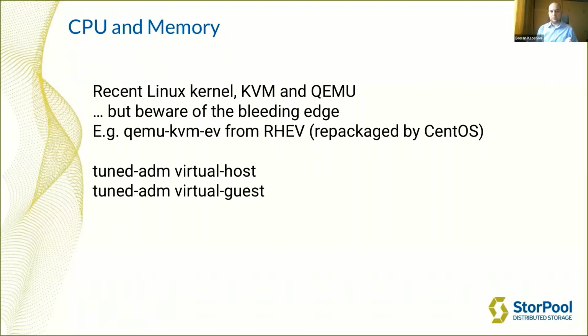You need to run a version of the kernel and QEMU and KVM which have been tested by a large community before you get to use them, right? And QEMU KVM EV is an example packaging of QEMU and KVM that achieves that for us.